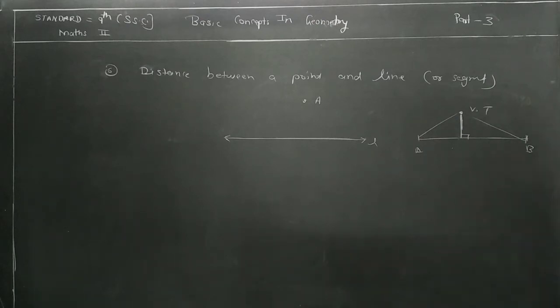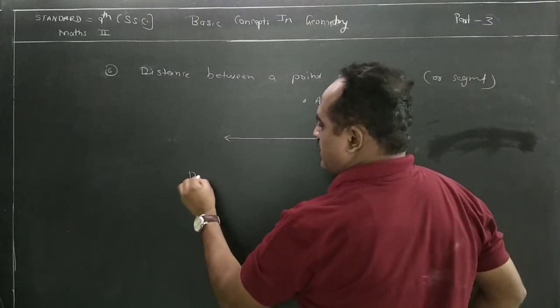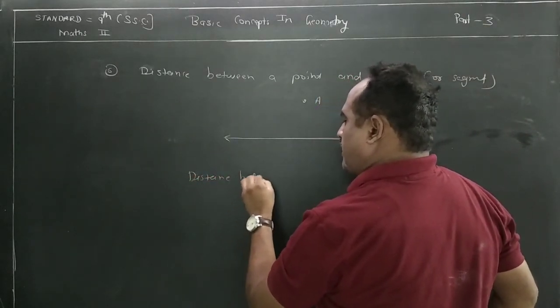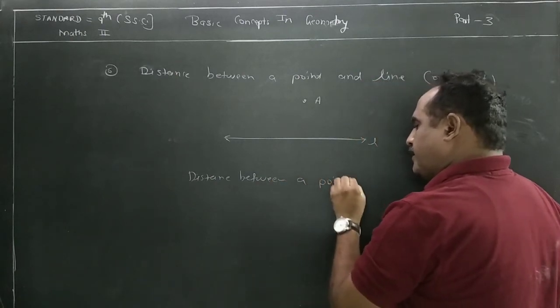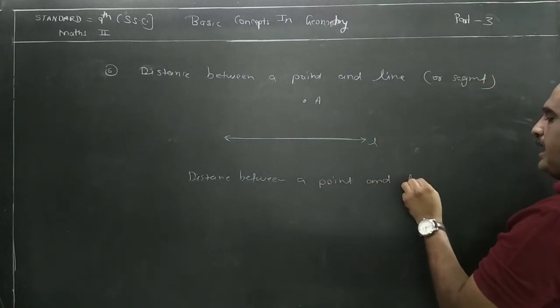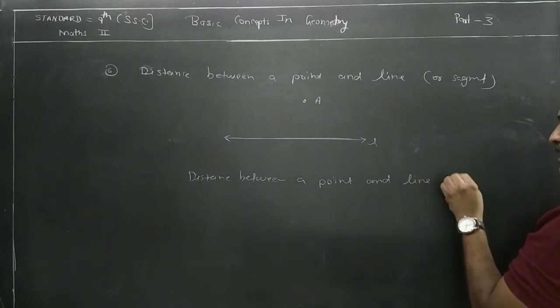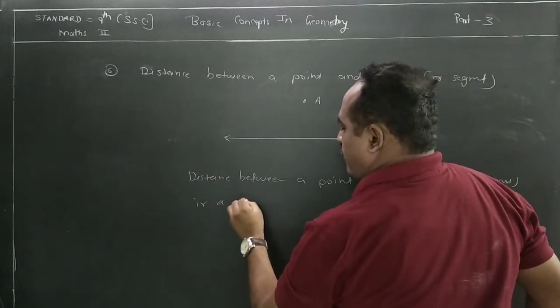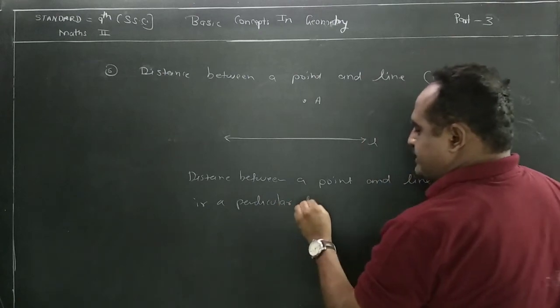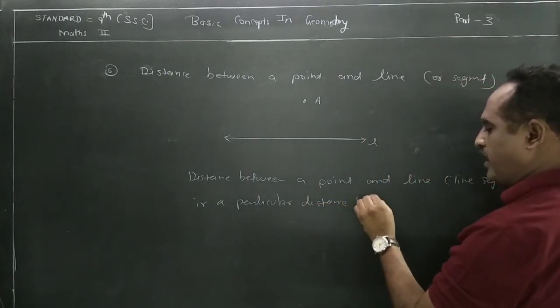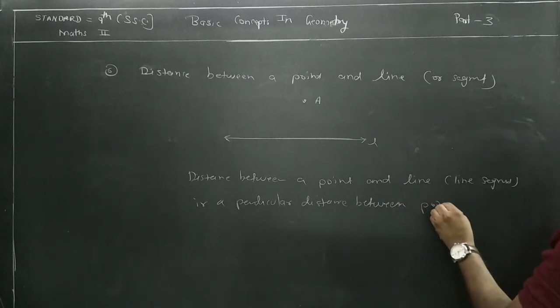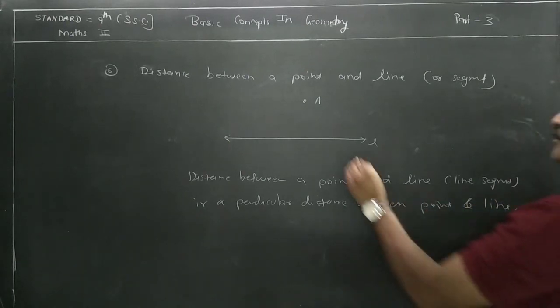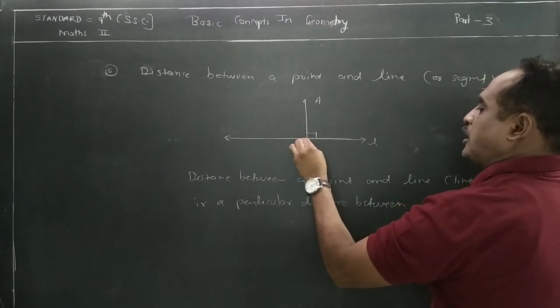So the distance between a point and a line or line segment is the perpendicular distance between the point and the line. It means I am going to draw a perpendicular.